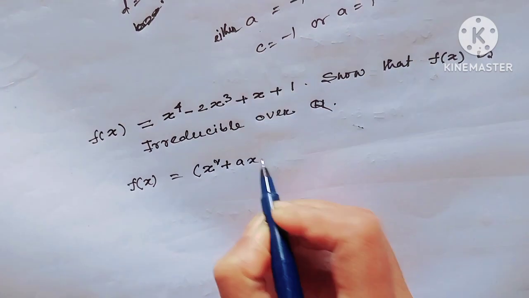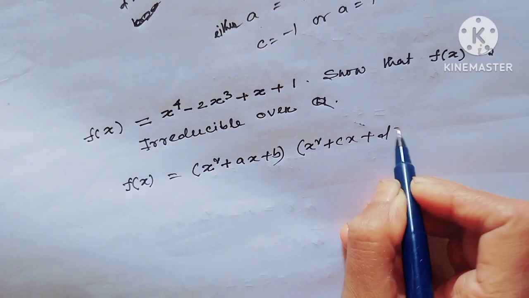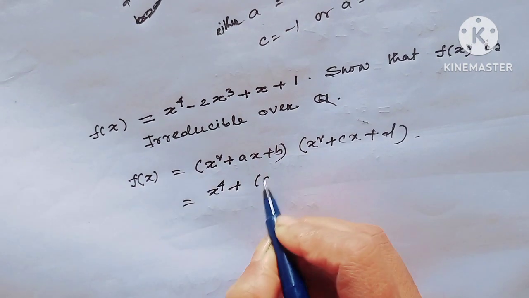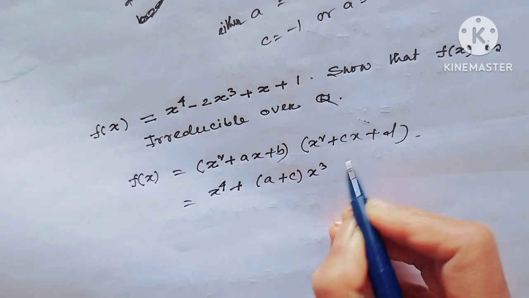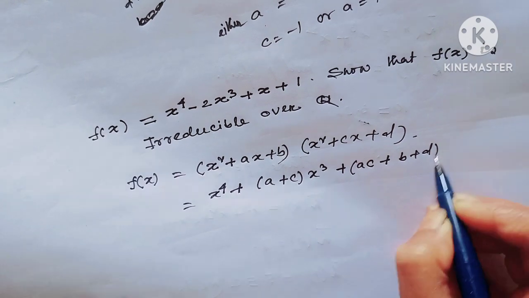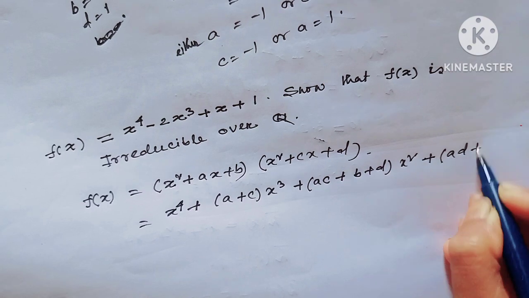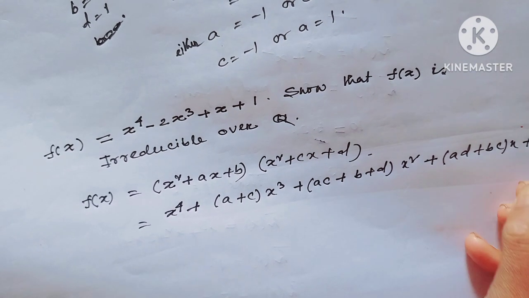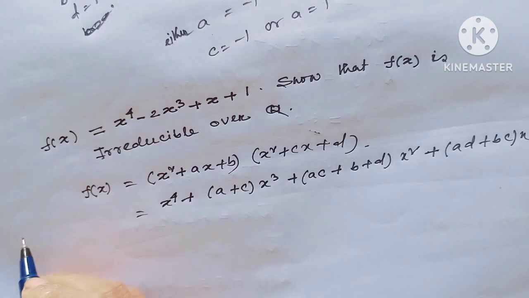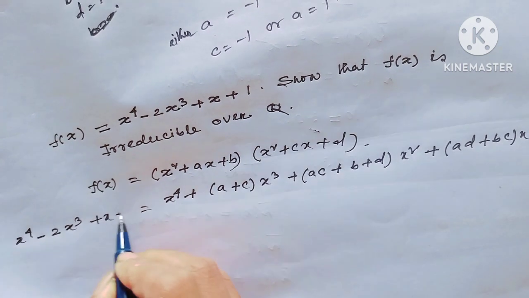Consider this is (x square plus ax plus b) times (x square plus cx plus d), and that implies x to the power 4 plus (a plus c) x cube plus (ac plus b plus d) x square plus (ad plus bc) x plus bd, and this is equal to f(x), meaning x to the power 4 minus 2x cube plus x plus 1.